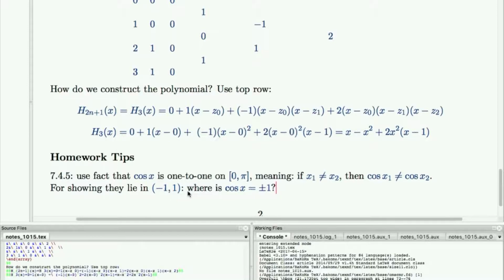Cosine's inverse: your arc cosine, or inverse cosine, has a domain of -1 to 1 inclusive, and its range is defined to be 0 to pi. So restricted to that domain, it has an inverse.